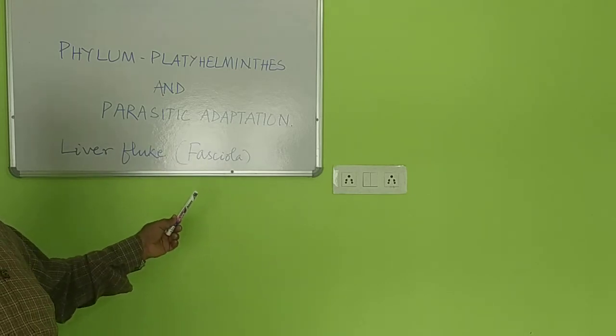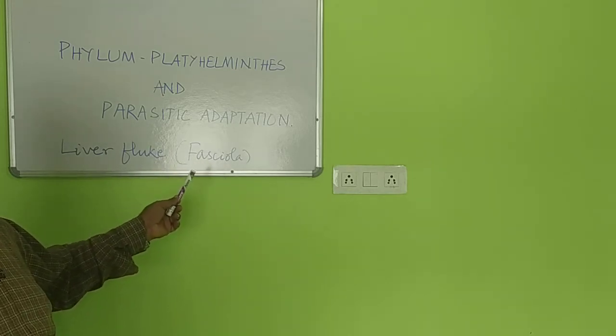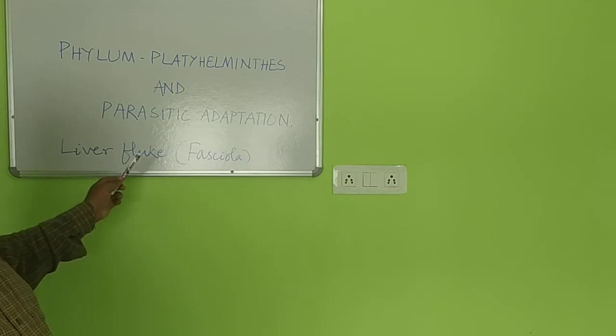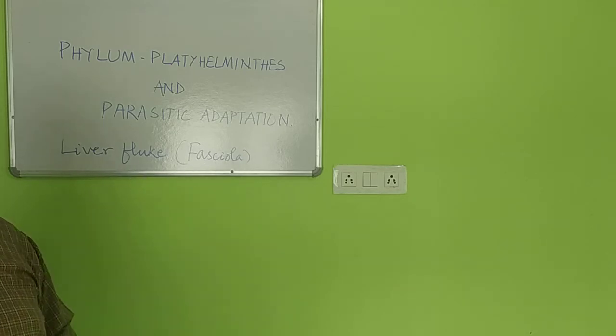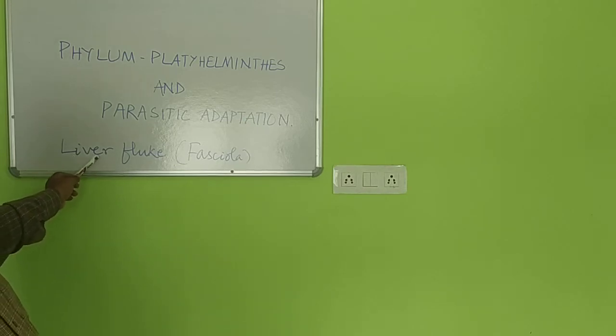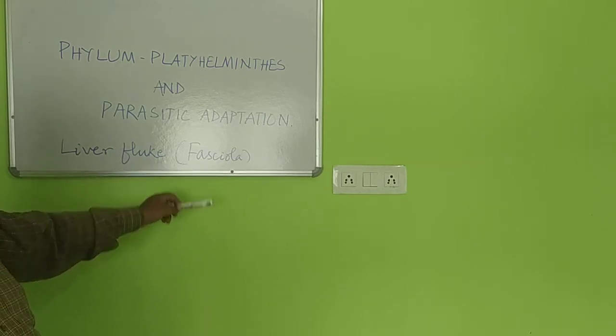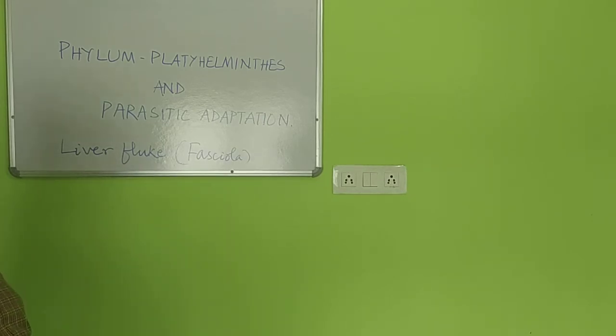One is an invertebrate, an animal of the arthropod group, and the other is a vertebrate, the sheep. That is the liver fluke, zoologically called Fasciola, F-A-S-C-I-O-L-A.